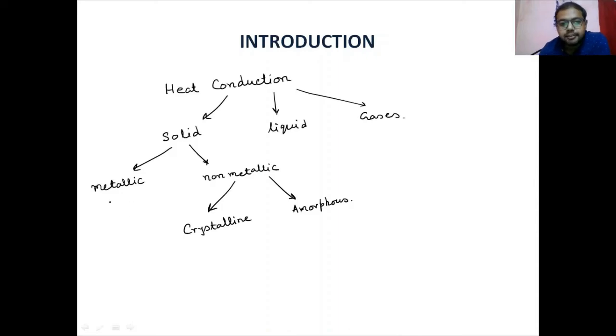What are the causes behind it? In metallic, it is the free electrons. Free electrons are the cause for the conduction. In crystalline, it is lattice vibrational wave propagation.